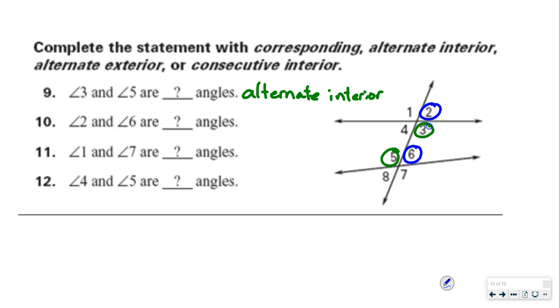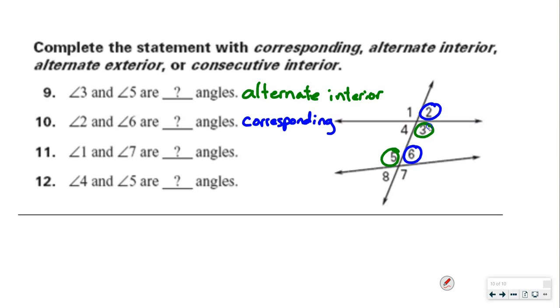They are on the same side of the transversal in the same position on the two lines. So those are corresponding angles. Same position on the lines, same side of the transversal.